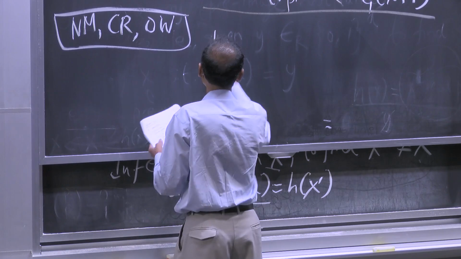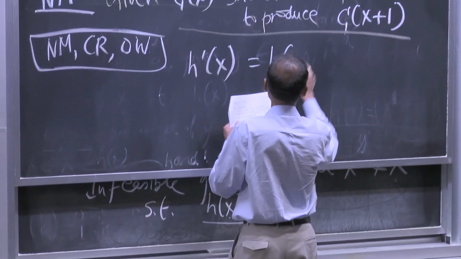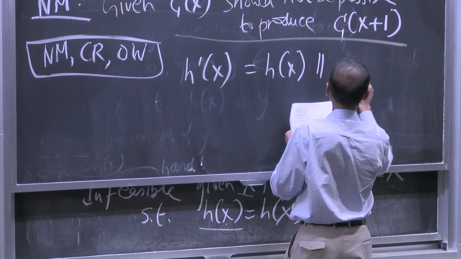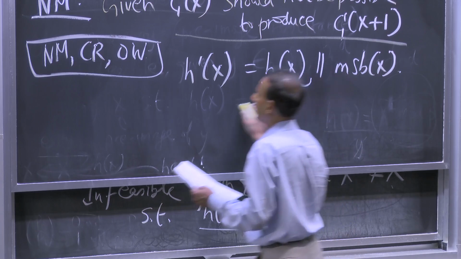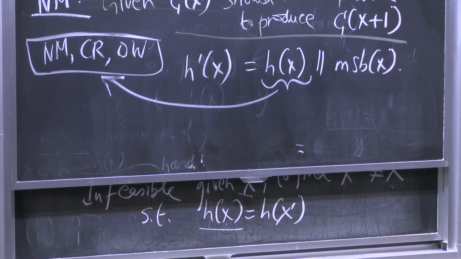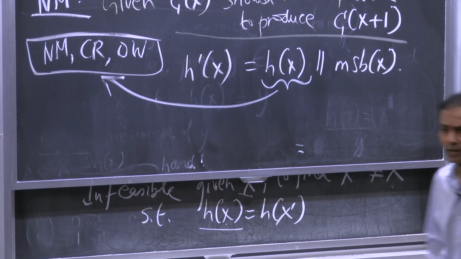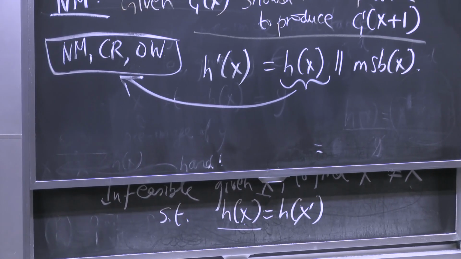But let's say that I have a hash function that looks like this, right? And this here is non-malleable, it is collision resistant, and it's one way, right? So h of x has all these wonderful properties, all right?